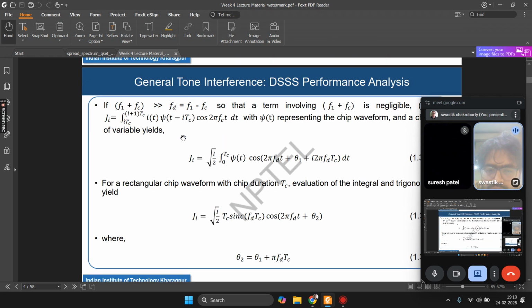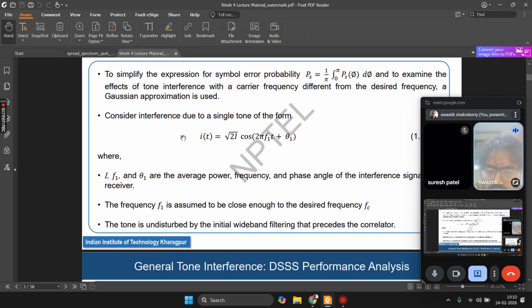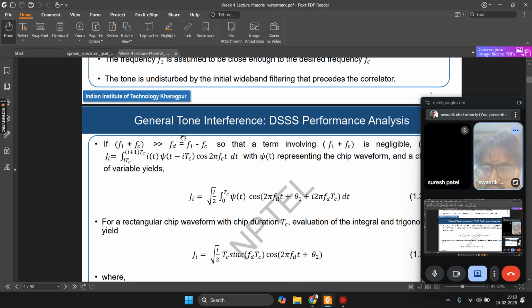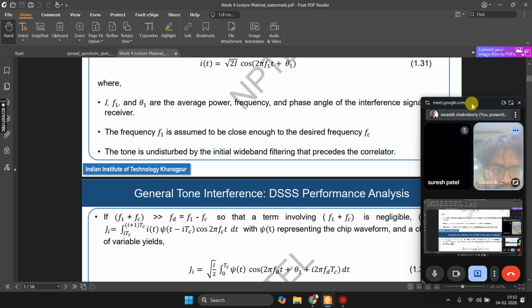Now we have to do further analysis of this tone. Since f1 and fc are assumed to be very close, f1 plus fc is assumed to be much greater than f1 minus fc, whose difference is negligible. So the term involving f1 plus fc is negligible. Why?